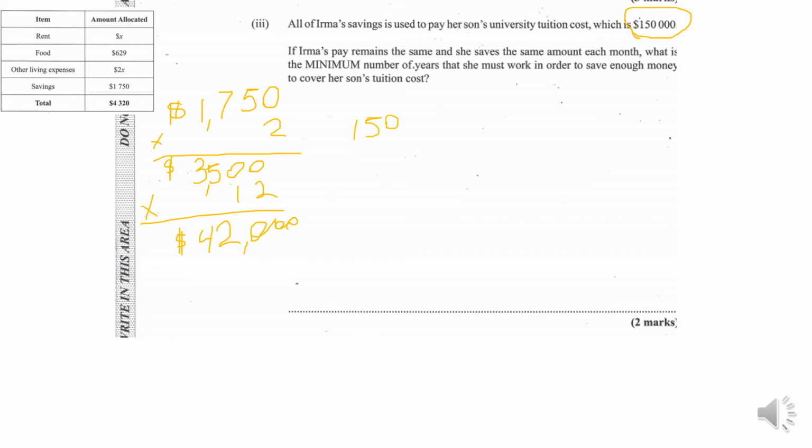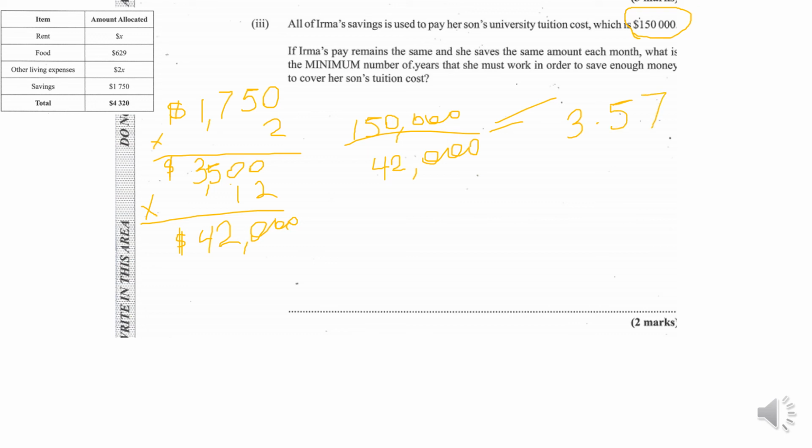The best thing to do is to divide. We're going to divide $150,000 by $42,000, and this will give us approximately how many years she needs to save to make up this amount. If we divide $150,000 by $42,000, we are going to get 3.57.